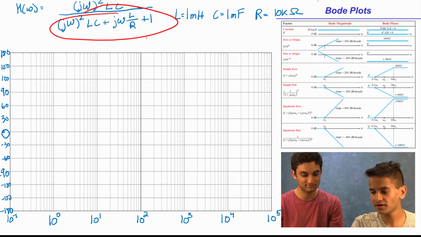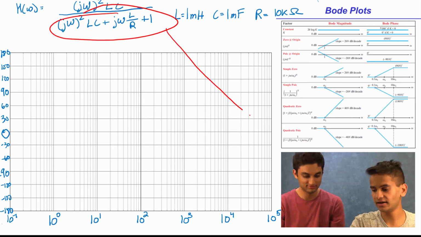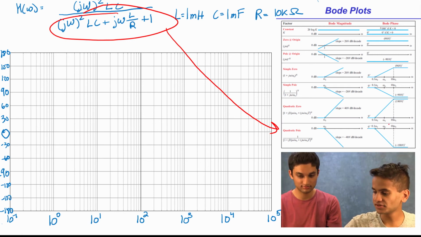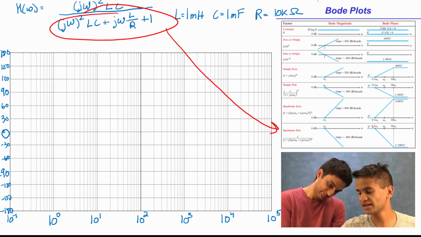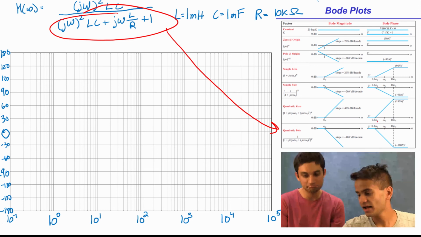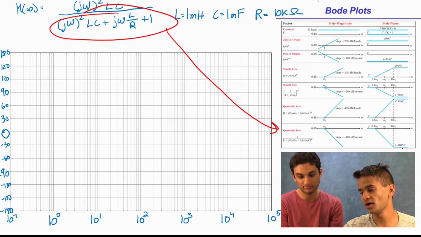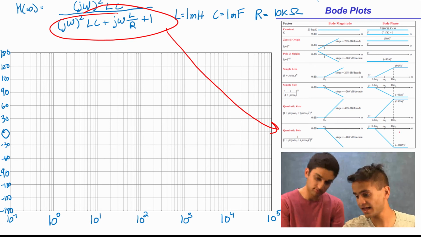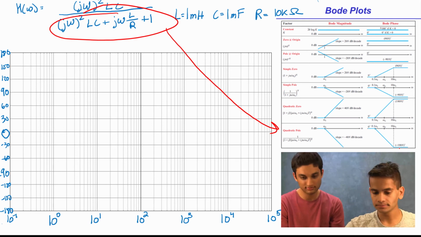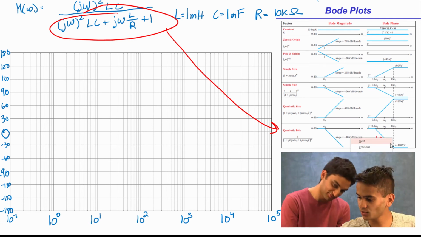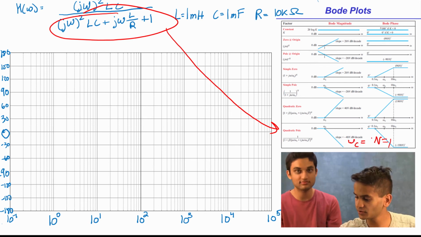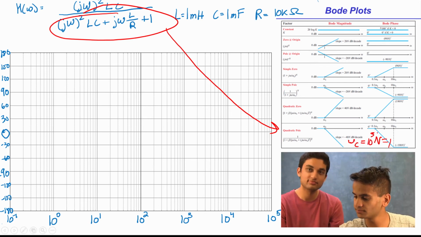So the denominator is a quadratic pole, and the phase of the quadratic pole just stays at 0 until 1/10 of the cutoff frequency, and then drops to -180 times n at 10 times the cutoff frequency. So here, n equals 1, as we saw before, and the cutoff frequency is 10 to the third.